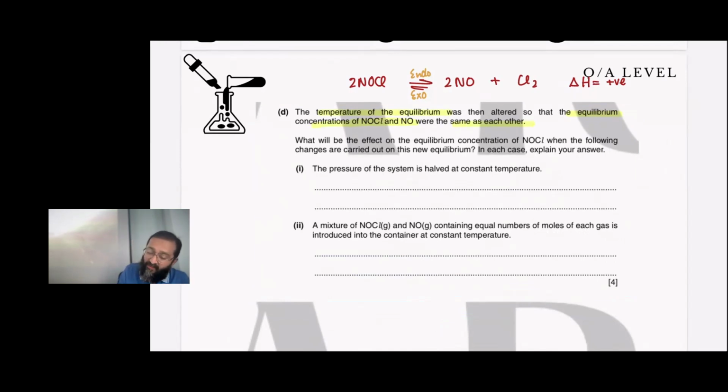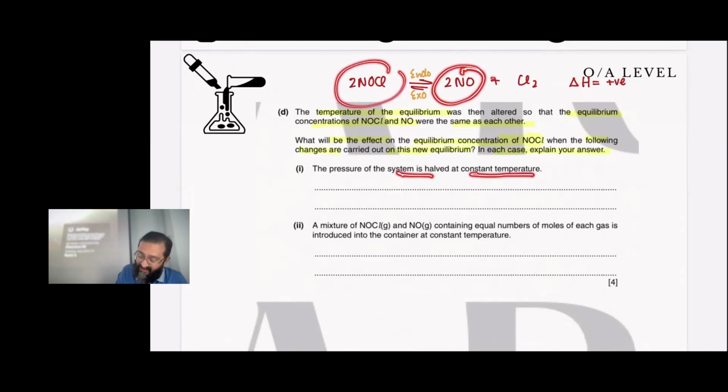What will be the effect on the equilibrium concentration of NOCl when the following changes are carried out on this new equilibrium? In each case, explain your answer. So they are saying that they have maintained an equilibrium in such a way that these two have the same concentrations at equilibrium.